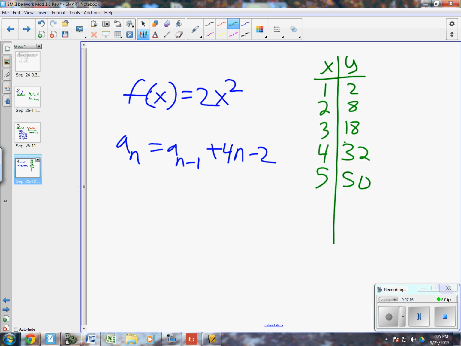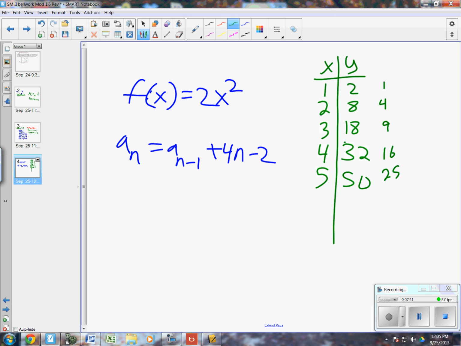Or did you start somewhere else? Well, let's try it. 1 squared is 1 times 2 is 2. 2 squared is 4 times 2 is 8. That's right. 3 squared is 9 times 2 is 18, right? Yeah. If you guys halved each one of these, that's 1, 4, 9, 16, 25.